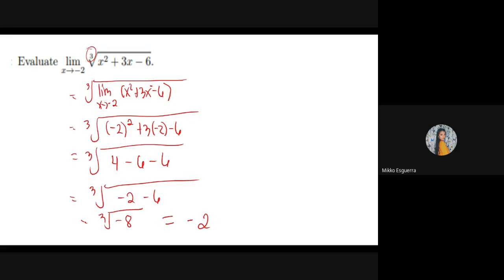Majority got it correctly. Let's have the last example.